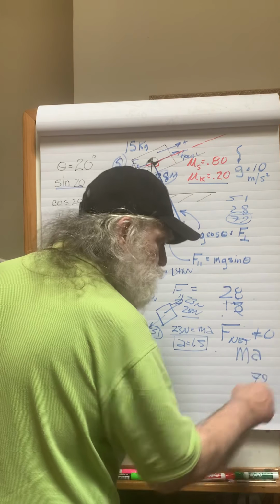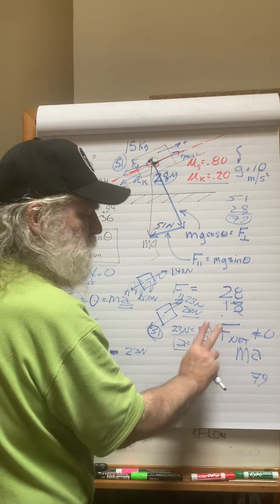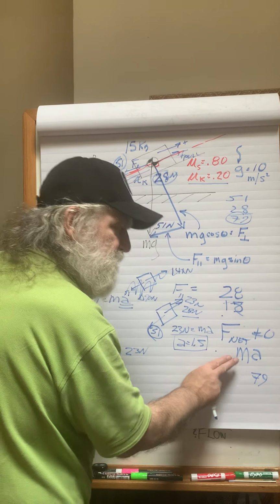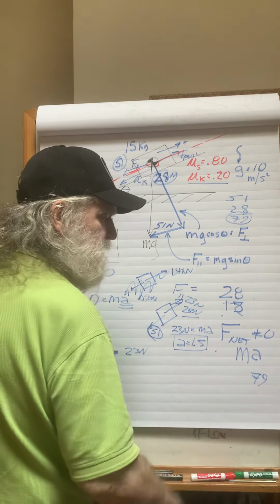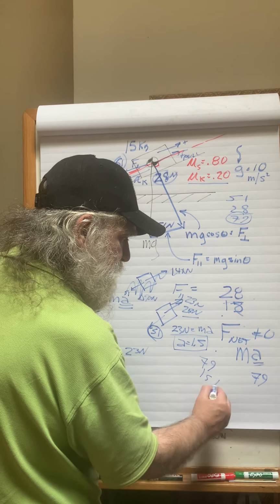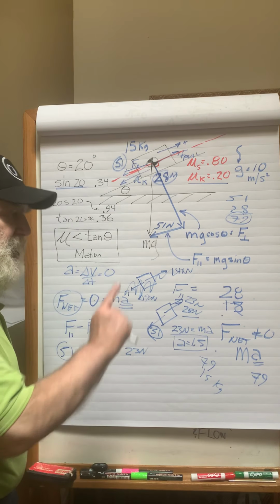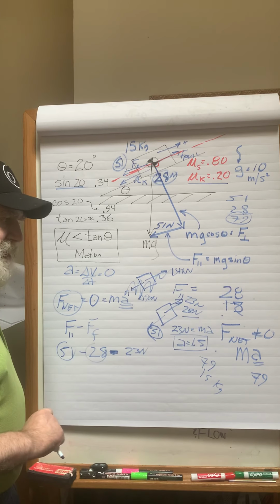So if you want 2 meters per second squared of acceleration, the mass is 15, not 150. For every extra 15 newtons of pull I put in above 79, I get an extra meter per second squared of acceleration.